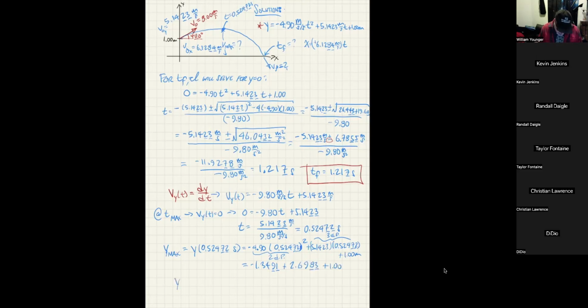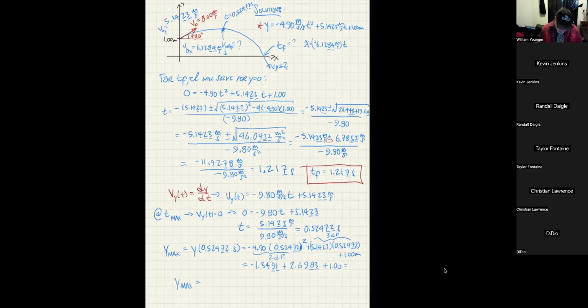So I can say Y max is ultimately equal to, when I add these together, 1.00 plus negative 1.34912 plus 2.69.